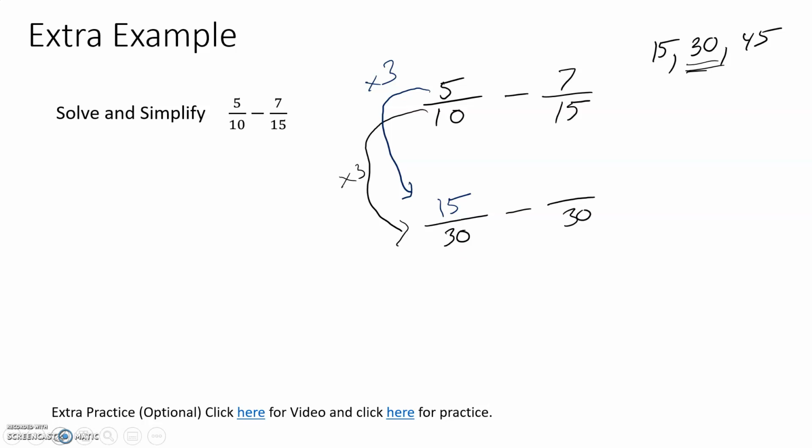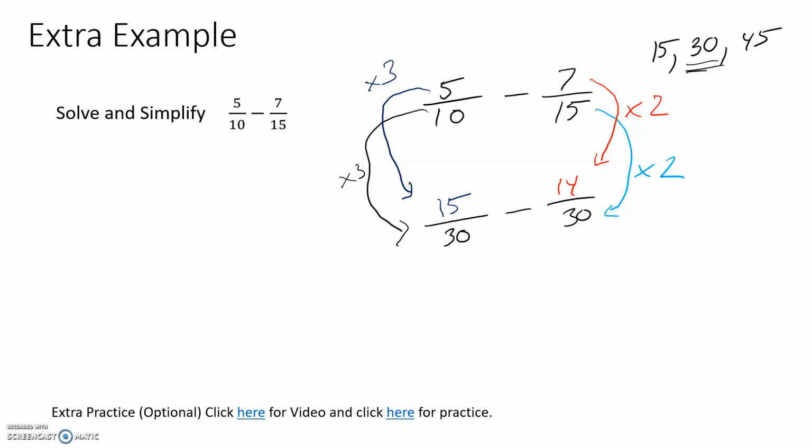Okay, so now I'm looking over my 7/15. 15 times 2 gets me 30. So I need to multiply 7 times 2, and that's going to get me 14. Okay, so now I have the common denominator.